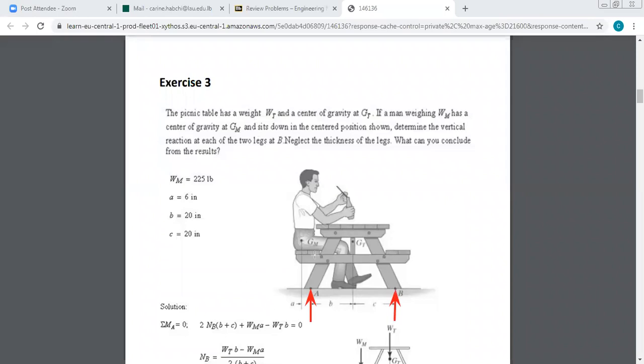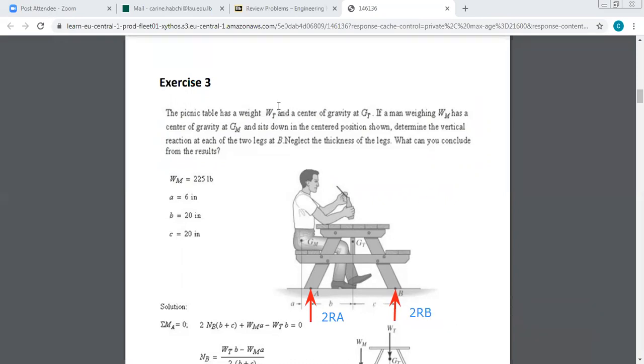So we have 2 times RA because we have another leg on the other side. Due to the symmetry, because the person is at the middle of the table, they told us that he is sitting in the centered position, the reactions in the two legs are equal, in the A legs and in the B legs. So it's 2RA and 2RB.